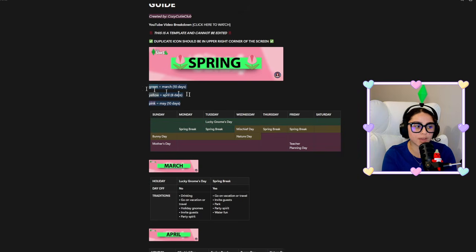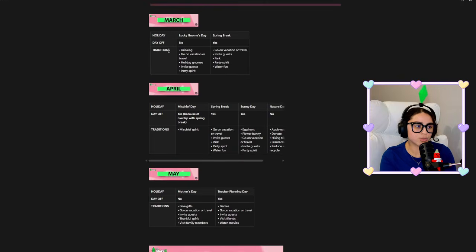But also we have a key up here at the top of every season that tells you how many days each month is and what color it corresponds to. Then if you go through to each month, I listed every holiday within that month, within that season, and I listed the title and whether or not it is a day off or not, and then all of the traditions.